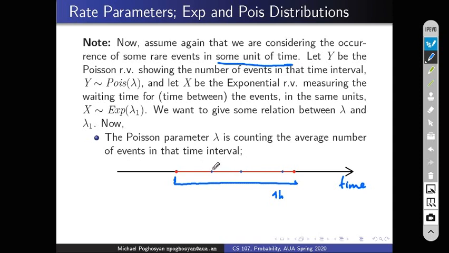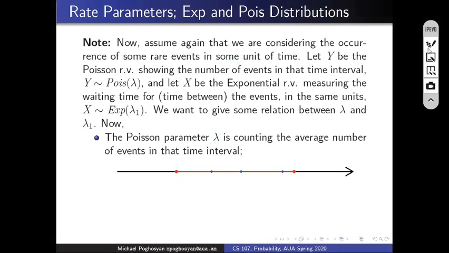In 1 hour, this is one possible example: say we have 3 events. Maybe if we consider another 1 hour, we will have 2 events or 5 events, etc. So lambda is showing the average number of events in that fixed interval.